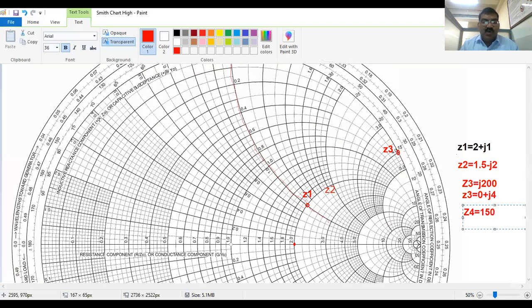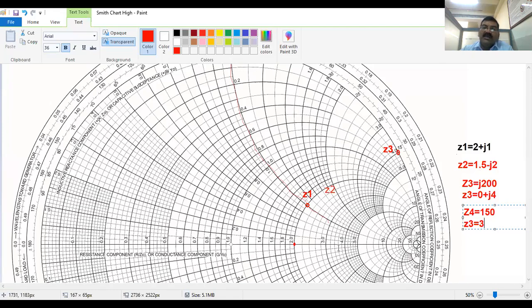So what will be my small Z4? Quickly, anyone? Small Z4, 150 by 50. How much? Quickly, I want the answer. 3, sir. 3. So you just respond so that I'll be aware that you are awake. Okay. So z equals to 3. So it is quite simple.